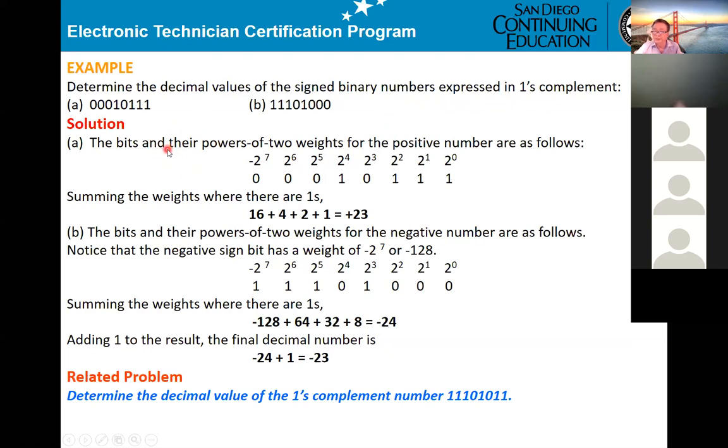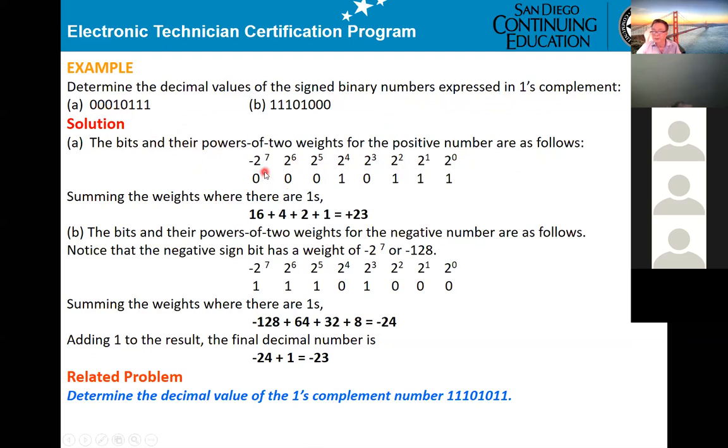Now, solution. Number A is positive, correct? The thing is they start with 0 right here. So the bits and their power of 2 weight of the positive number. That means they calculate from bit 7 to bit 0.